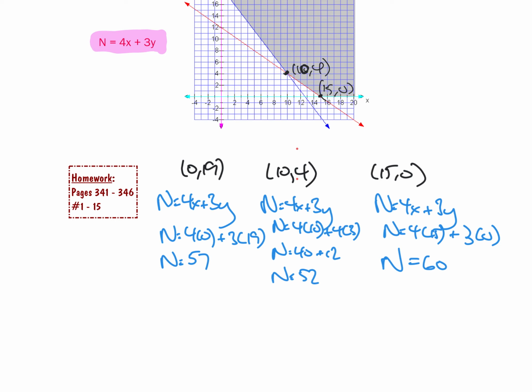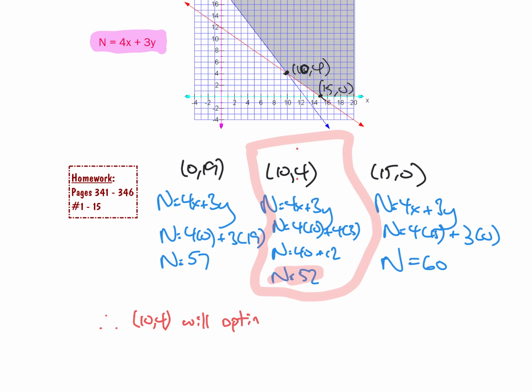Oh yeah. Is it 10 and 4? It is 10 and 4, because it gives the lowest value, 52. So we'll put a little therefore statement and just say that 10, 4 will optimize the objective function.